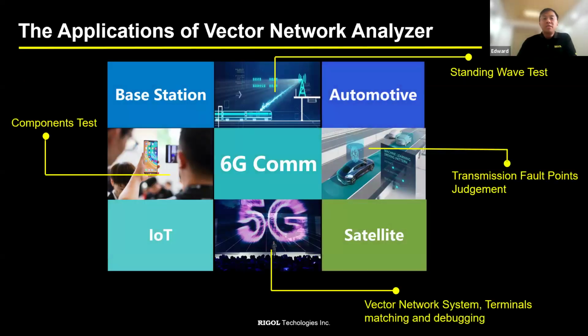Now we will go to the first one. The applications of vector network analyzers are very comprehensive, because in RF microwave communication systems, all the components and assemblies inside the systems need a network analyzer for component verification, especially for S parameters, impedance matching, or signal integrity quality tests, such as in base station and mobile phone communications. Recently, one of the hottest topics is automotive, such as the electric car, because we have communication techniques through wireless communications or near field communications.